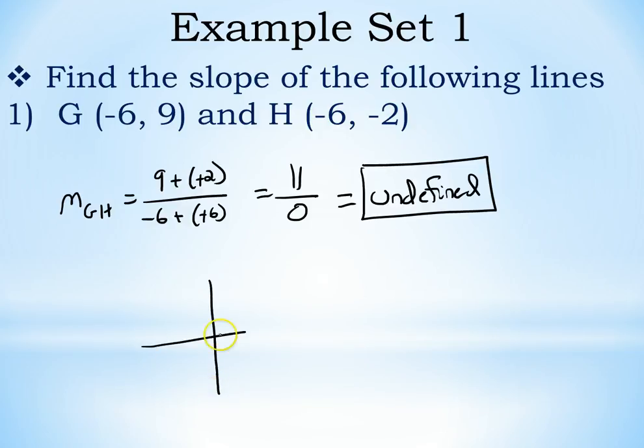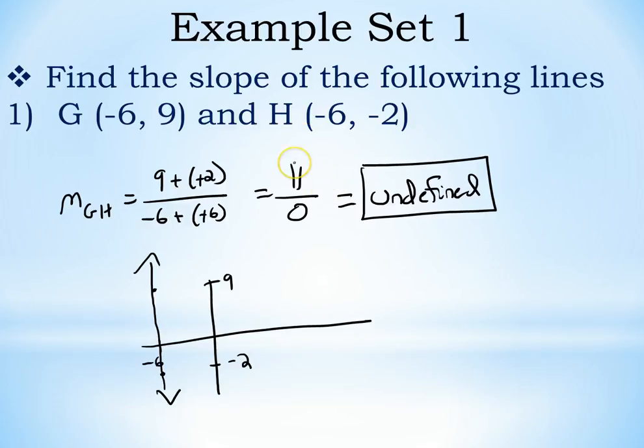This would be the case of a vertical line. So our points look something like this. And that would be the line that would go through both those points. So if you notice your two x-coordinates are both the exact same number, your slope will be undefined.